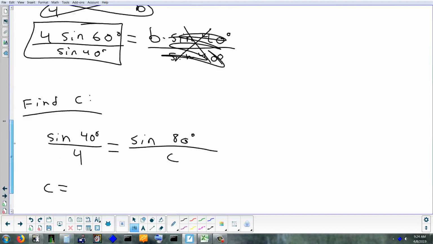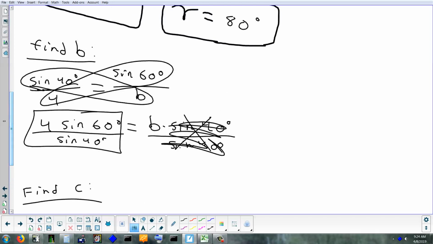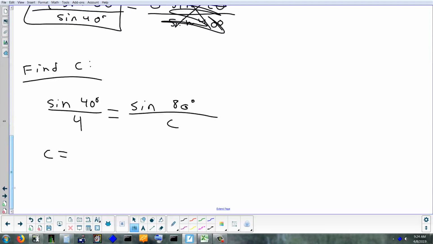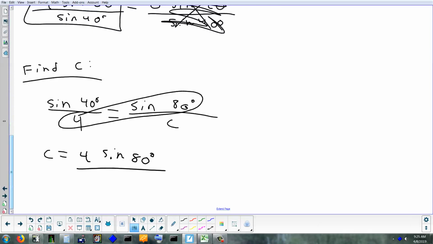Now, when I did the cross multiplying last time, I did it all very deliberately. I broke it all out. If you can do the cross multiplying in your head, that's fine, right? All that's going to end up happening is it's going to be this times this for sine 80.